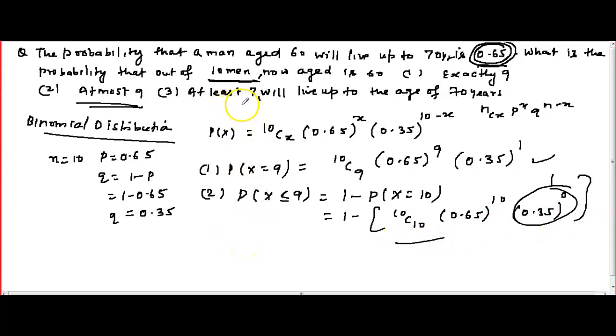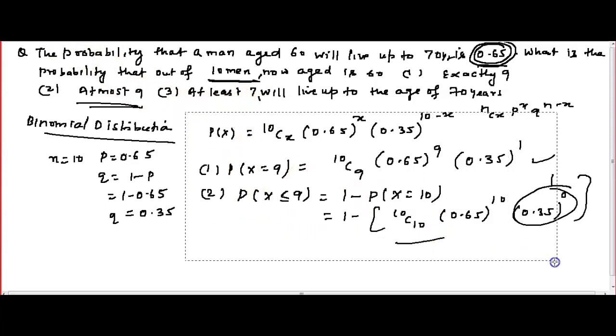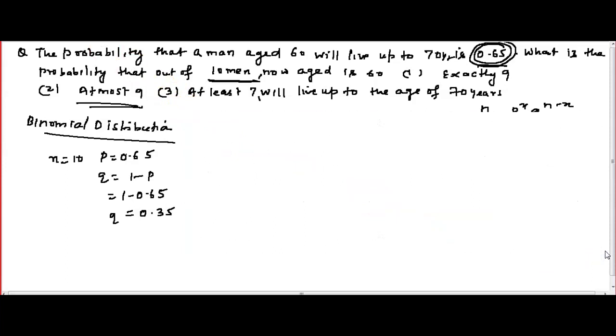Next, the third part is given: at least 7 will live up to the age of 70.